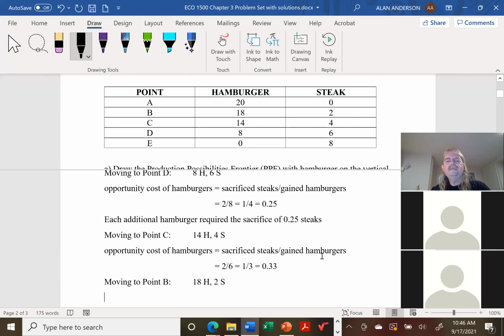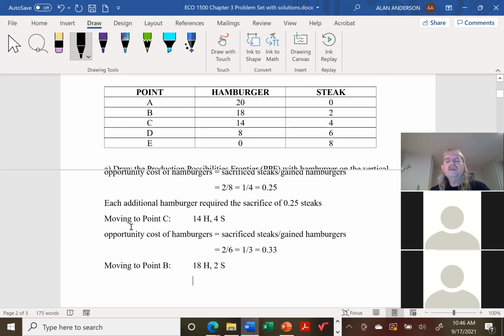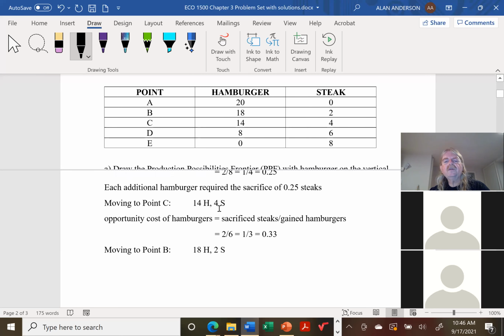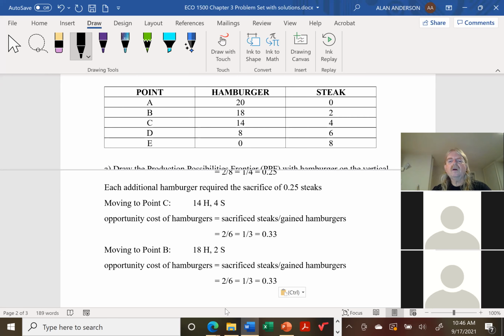So what happened here, the ratio, and again, you notice we've lost 2 steaks, but we've only gained this time 4 burgers. So the ratio becomes 2 to 4, which is a half. And that means it continues to rise. The opportunity costs will keep going up.